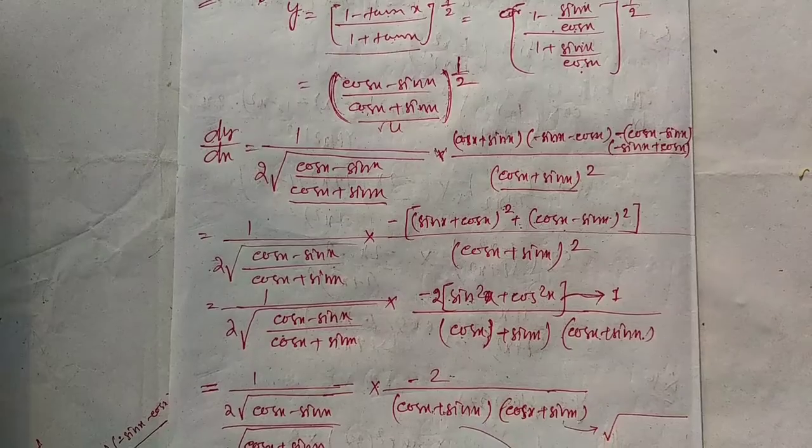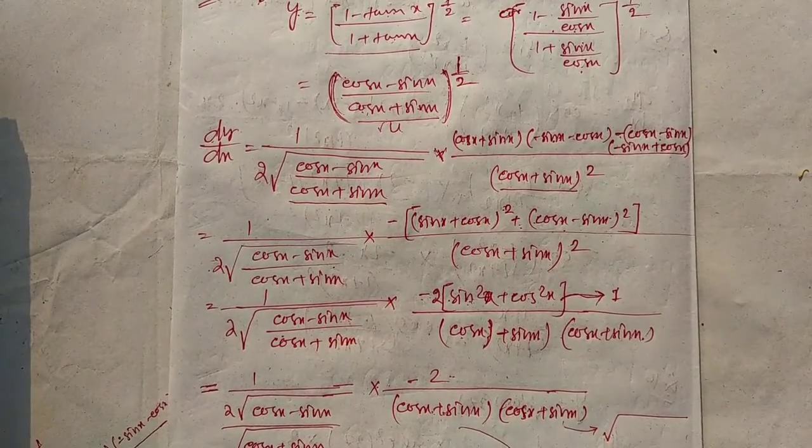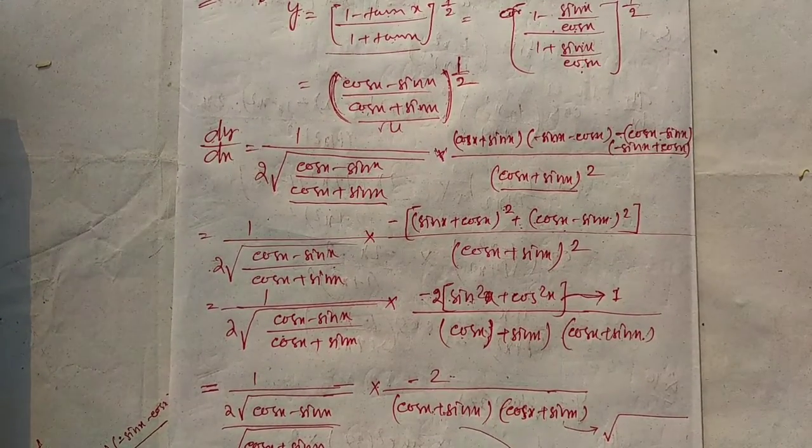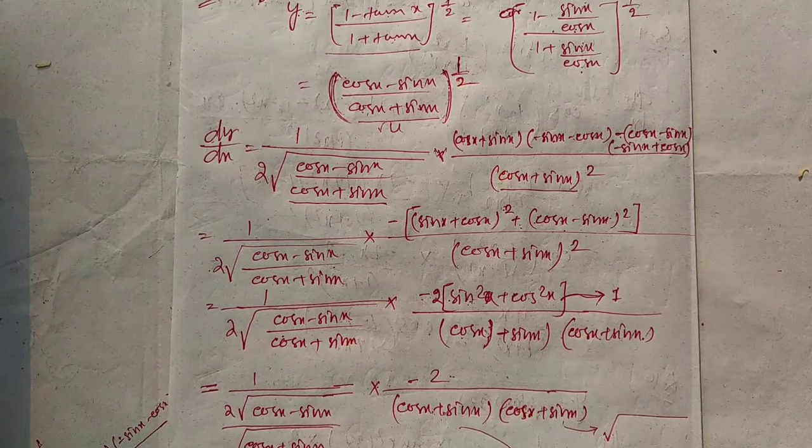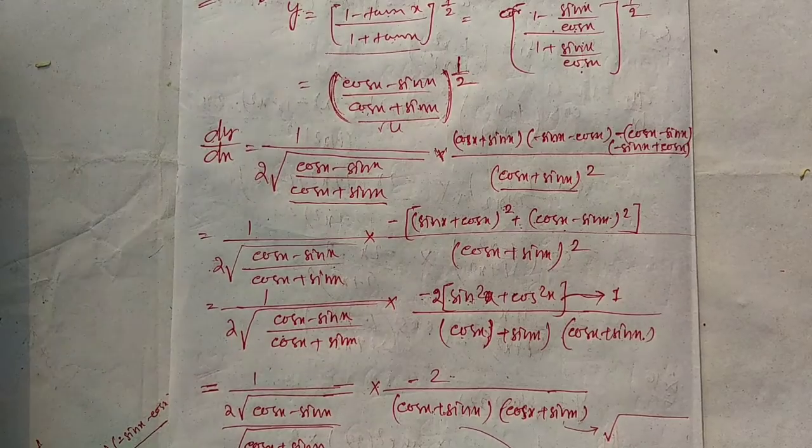Dear student, today we completed exercise 7C, and so far we have completed the concept of derivative, that is from definition, the geometrical meaning of derivative as well as the physical meaning of derivative, then the standard formulas of derivative and the chain rule.